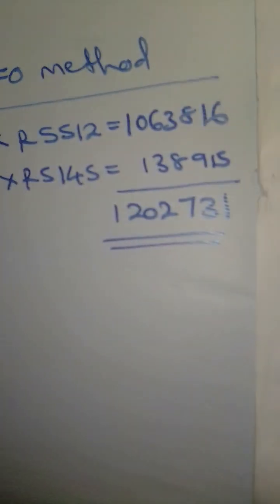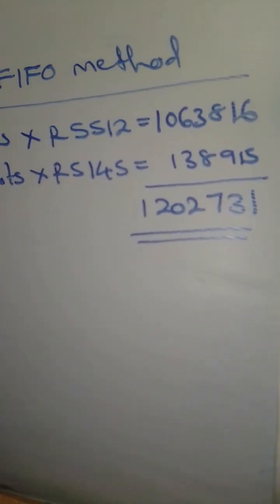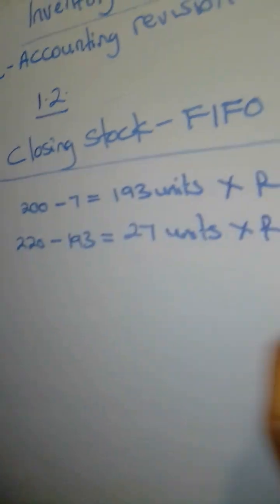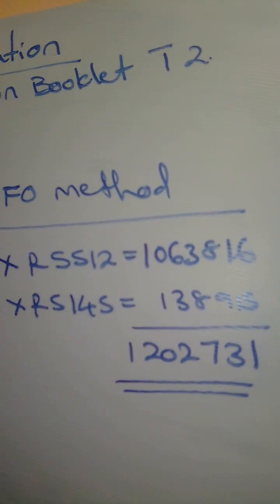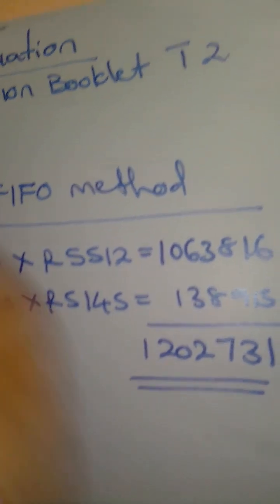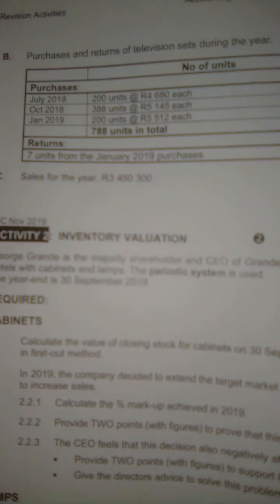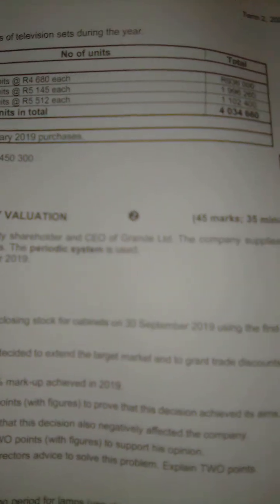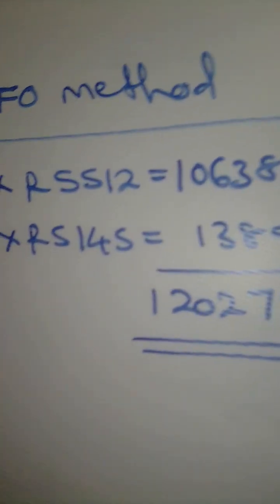1,202,731. Let me remind you again, when you are calculating the closing stock using the FIFO method, you look at the stock that was purchased last. That's where you are most likely to get the stock that remained unsold. Remember, when you say FIFO method, we are saying first in, first out, to mean that the stock that is sold first is the one that came in first, and the one that is most likely to remain unsold is the one that was purchased last.